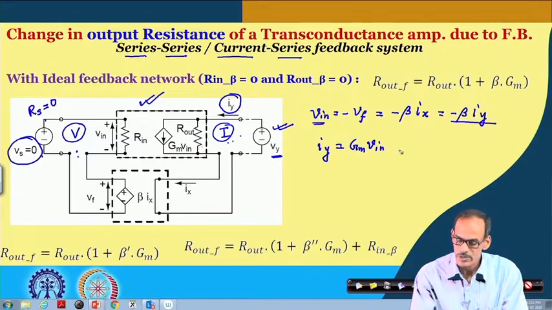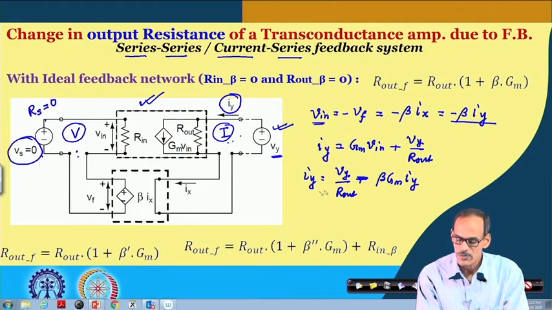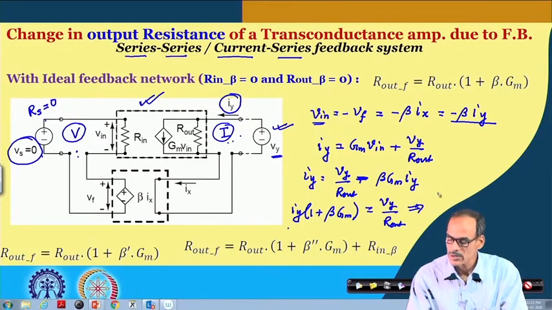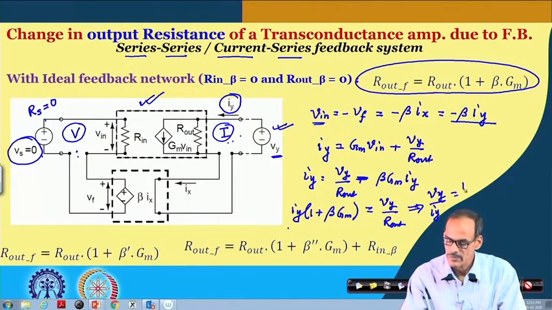So, we also have one more component plus V y divided by R out, or we can say that I y equals to V y divided by R out plus G m into V in, which is minus beta into G m into I y, and from that we can get I y multiplied by 1 plus beta into G m equals to V y by R out, and from that we can get the output resistance of the feedback network defined by V y by I y is equal to R out multiplied by 1 plus beta into G m.